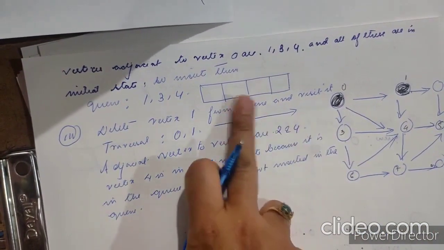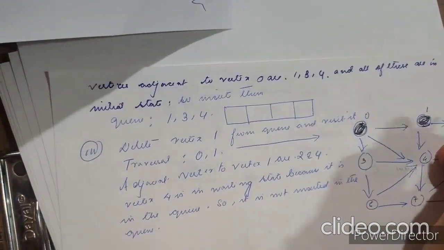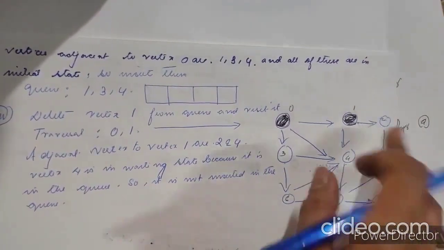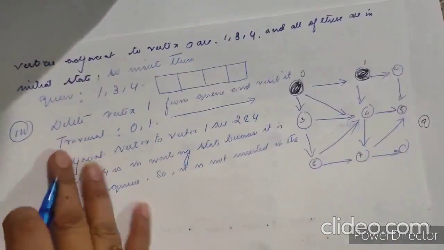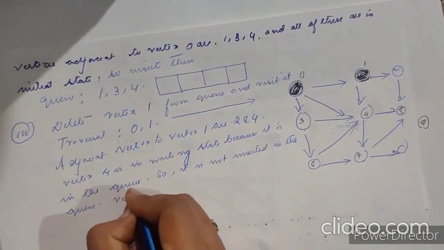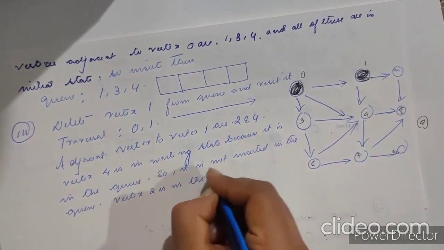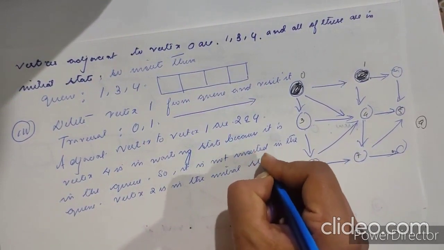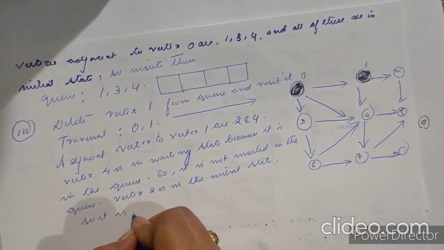What about vertex 2? Vertex 2 is in the initial state, so it is inserted into the queue.